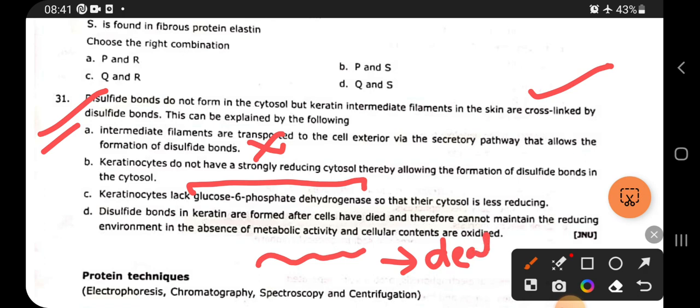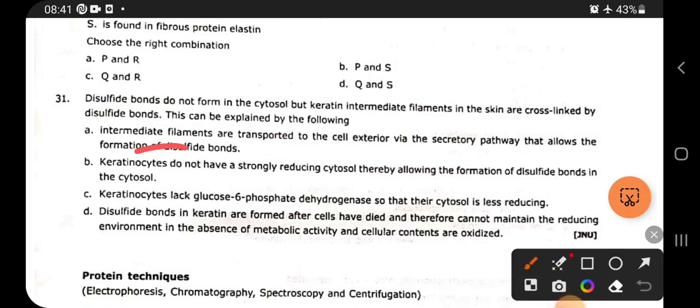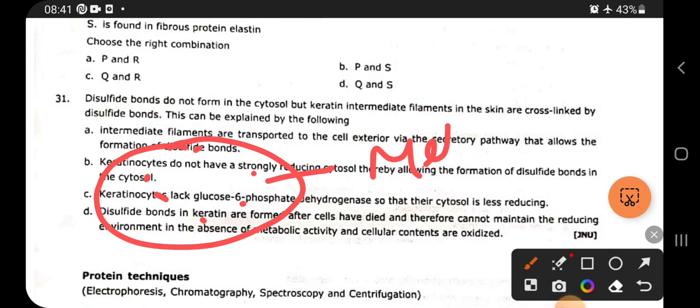It's an adaptation because of which the cytosol has no metabolic activities. And once your cytosol has no metabolic activity, that means it has no glycolysis activity either. So option C is incorrect. Option D is correct.